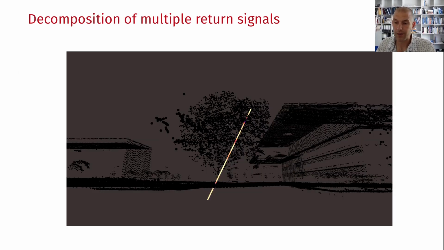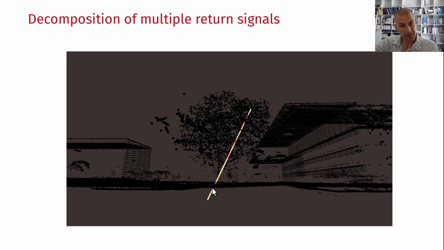So let's look at another example here with multiple returns. This is a beam that goes through a tree right next to a building, and this is the ground. And the colors here indicate the intensity as given from the full waveform LiDAR data. So you can envision that this is the first peak, the second peak, the third peak, and here is the ground peak.